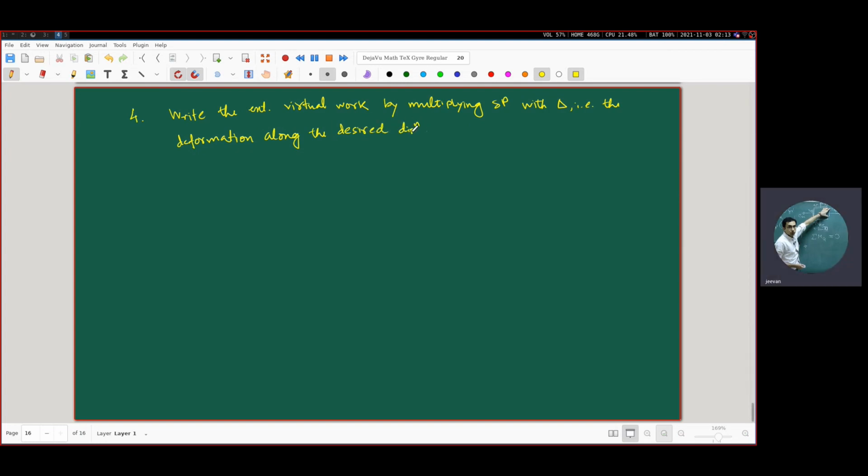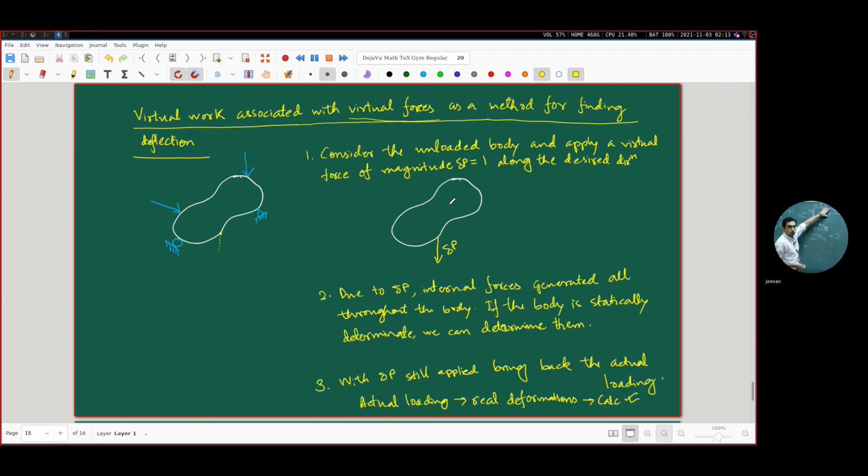Please note the very important concept involved here. When you are looking at the original problem, due to this loading, there is a certain deformation along this direction.